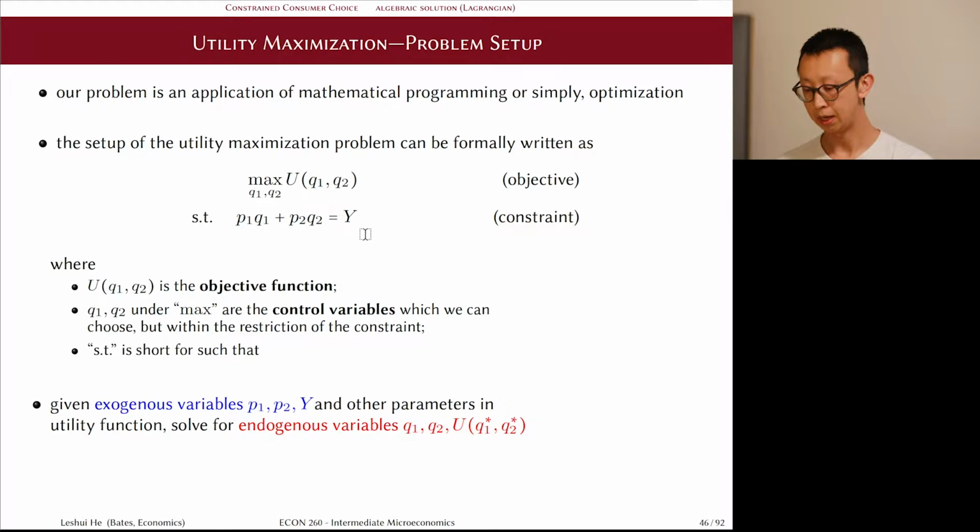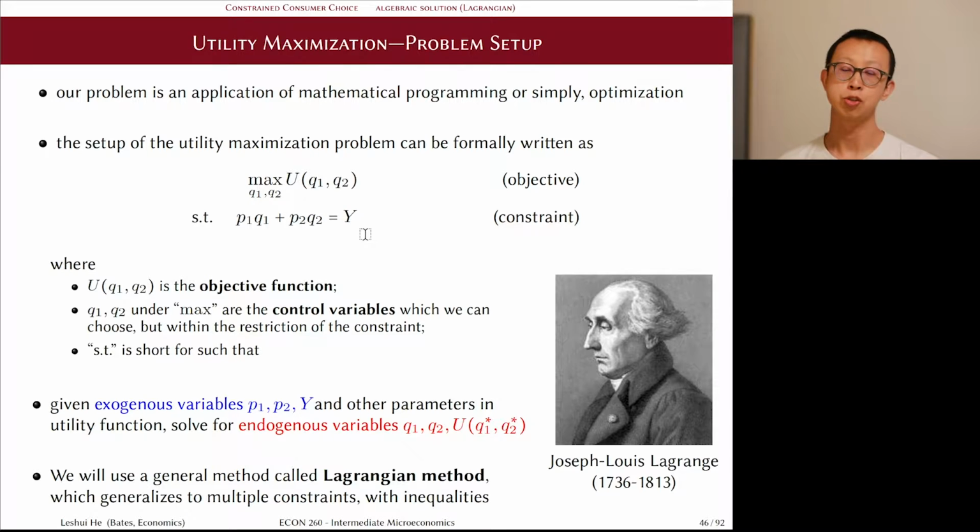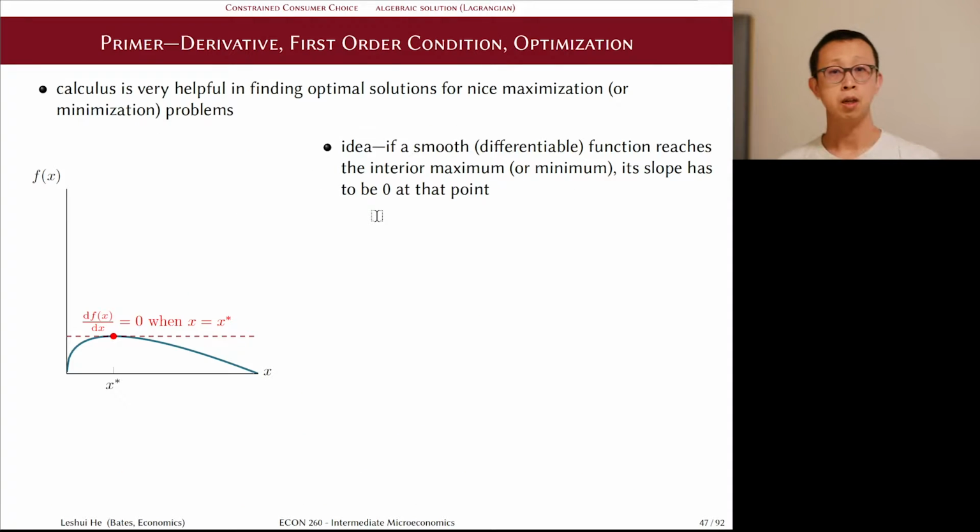That is named after the mathematician Joseph Louis Lagrange. This method can lead us directly to the optimal solution of the problem whenever we can take derivatives of the utility function with respect to the control variables Q1 and Q2. A major reason why we're obsessed with derivatives in economic theory is that they greatly simplify the job to find optimal solutions.